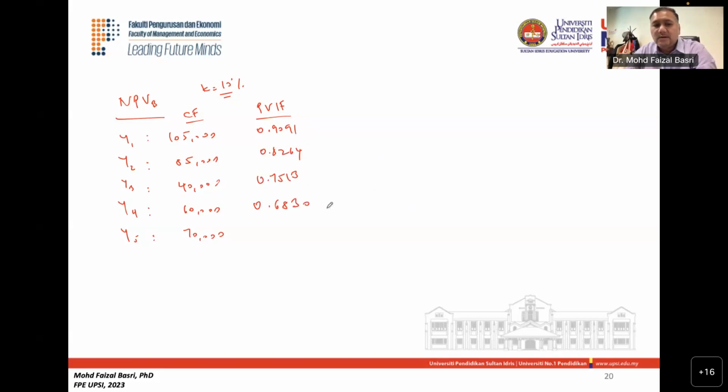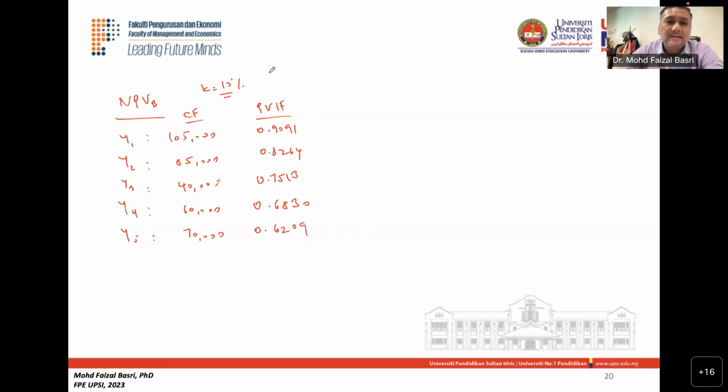And lastly, 1 divided by 1.1 to the power of 5, 0.6209. Okay, so this is all the present value interest factor based on the table just now.